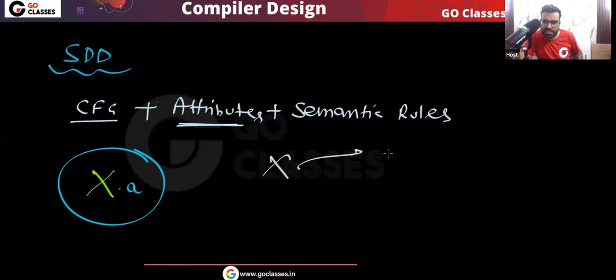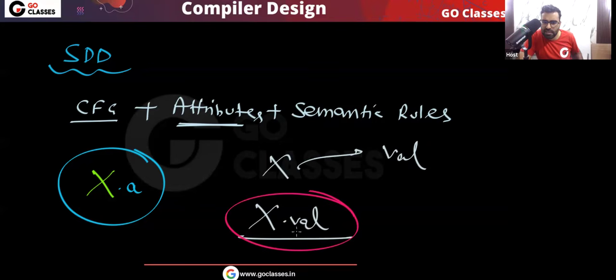For example, let's assume X has the attribute val. Then to indicate this attribute val of X, you can write X dot val. This X dot val indicates the attribute val of X.